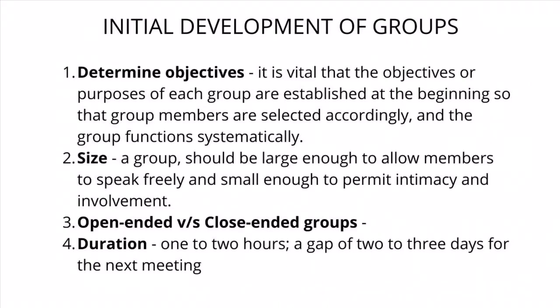Meeting for 1 to 2 hours tends to optimize productive activity and behavior. Meeting lengths shorter than 1 hour usually do not allow sufficient time to thoroughly discuss the issues that are raised. In meetings which last longer than 3 hours, members tend to become drowsy, tired, frustrated, and unable to concentrate.